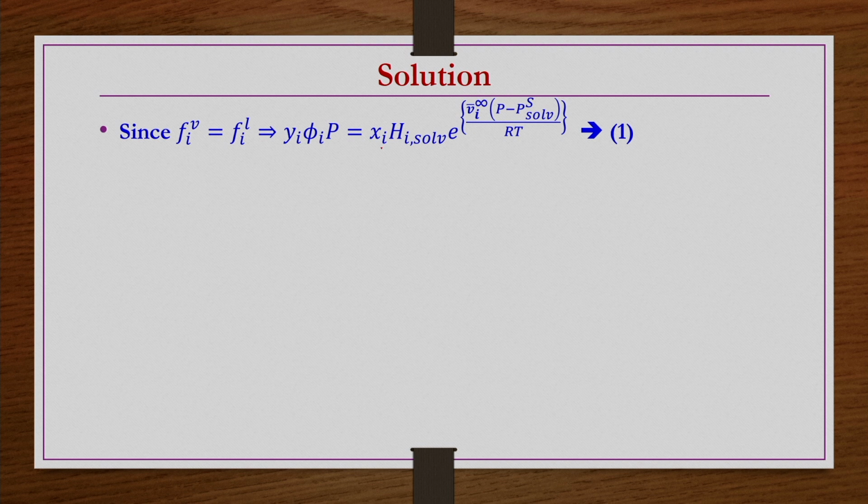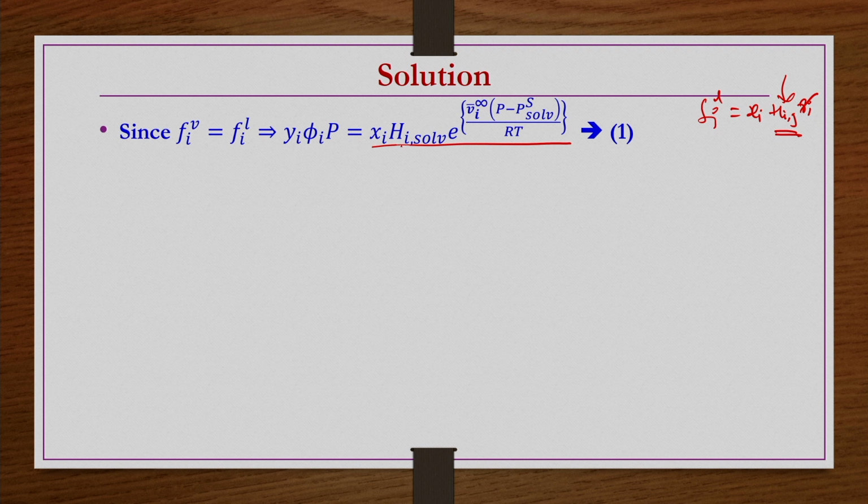We have this because fiL is equal to xi Hij gamma i, this is what we are using, right. Whatever non-ideality is there in the liquid phase, we are not taking, and Hij we are taking at the high pressure.